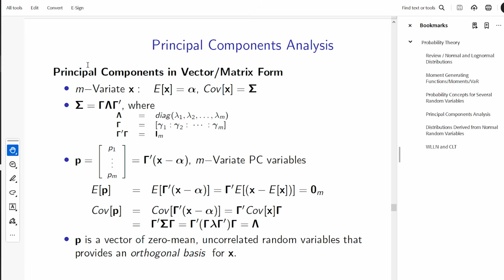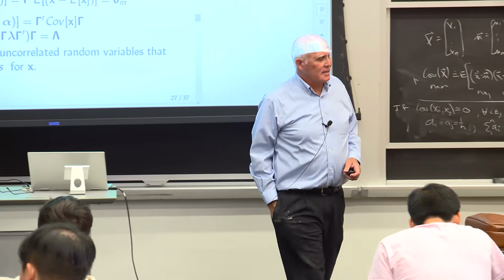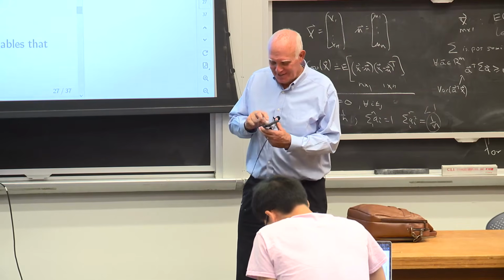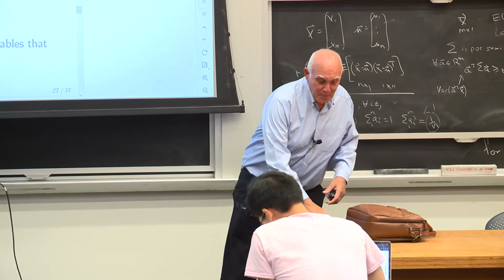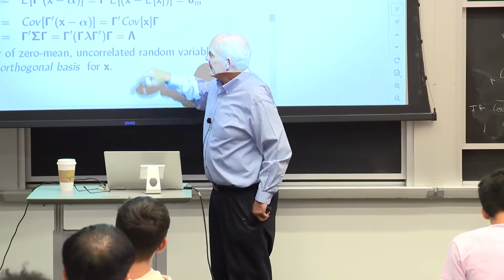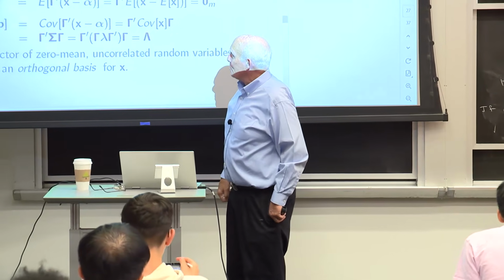But the covariance matrix between the p's is the diagonal matrix lambda.